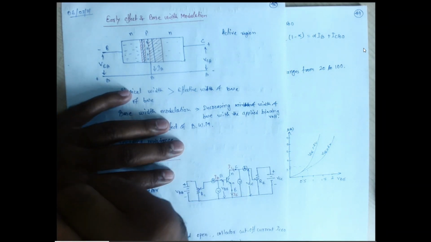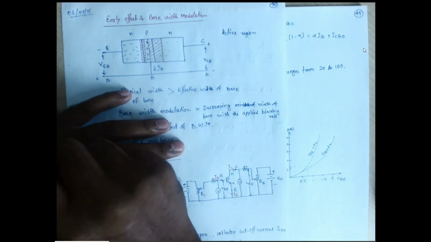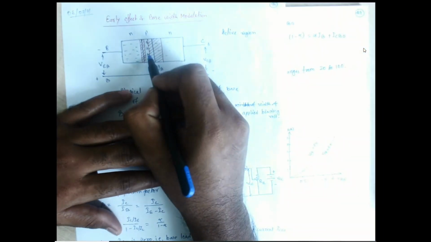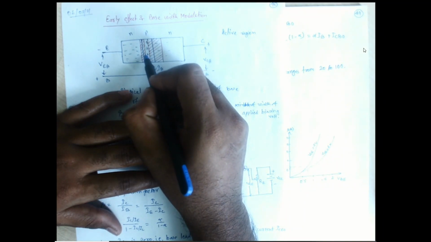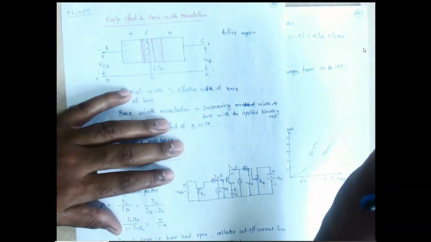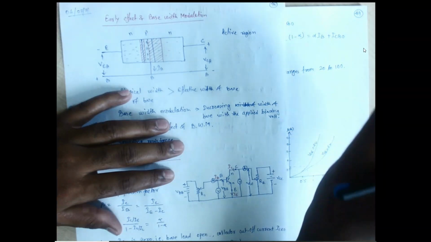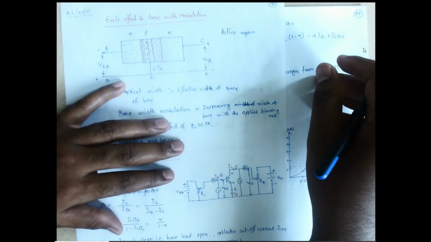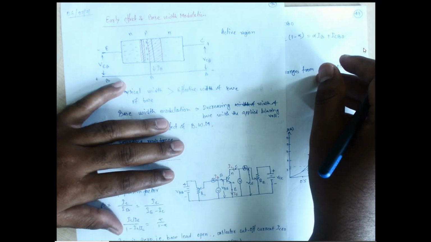So the penetration width in the collector base junction and the penetration width in the emitter base junction reduce the distance between the collector base and emitter base regions.